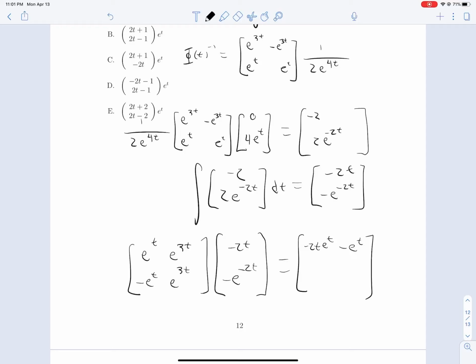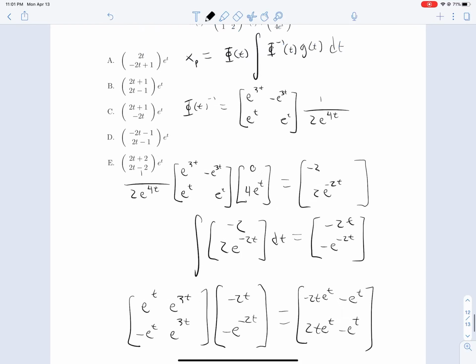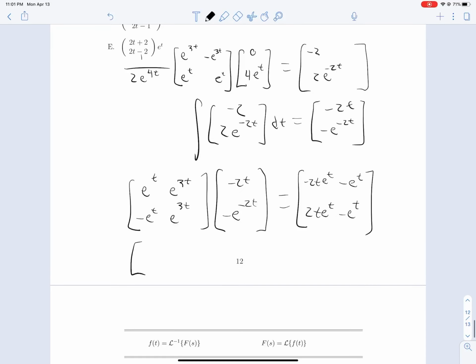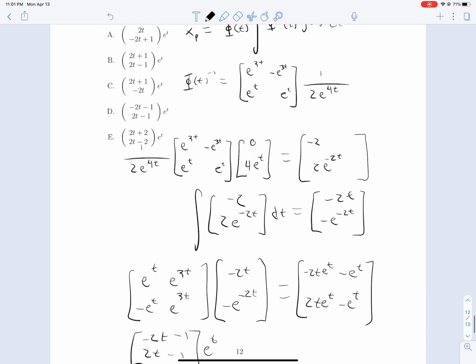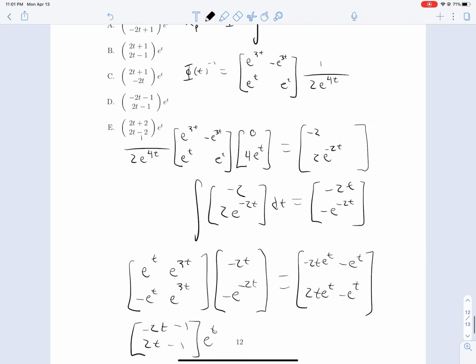Then down here we'll get 2t e to the t and minus e to the t. Factoring out an e to the t, we are left with negative 2t minus 1, 2t minus 1, times e to the t.